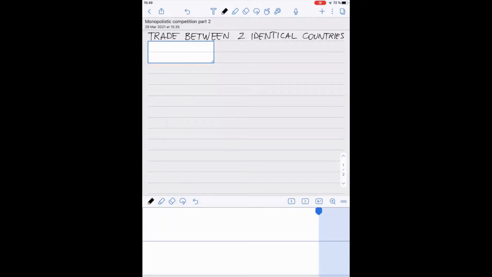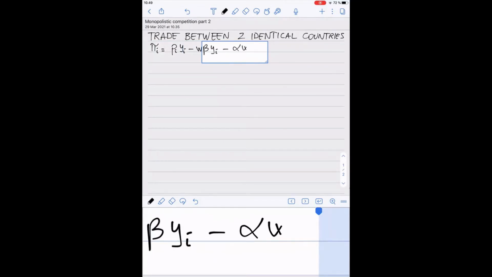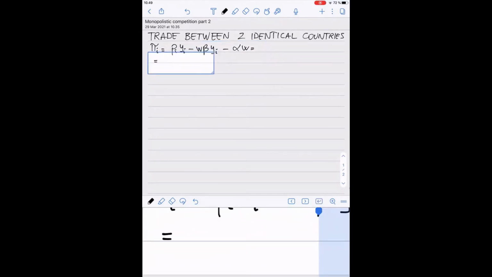And recall that the profits of the firm, pi i, are equal to the revenues, p_i y_i, minus its variable costs, w beta y_i, minus the fixed cost, alpha w. And with trade, this equals (L plus L star) C, that is the total output Y, because C is the same across the two countries.